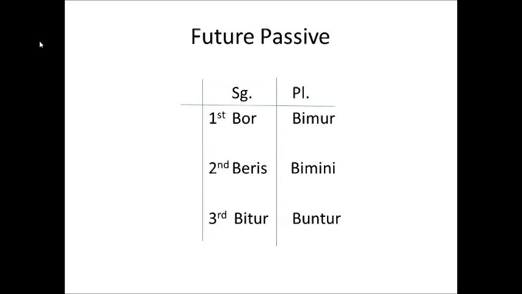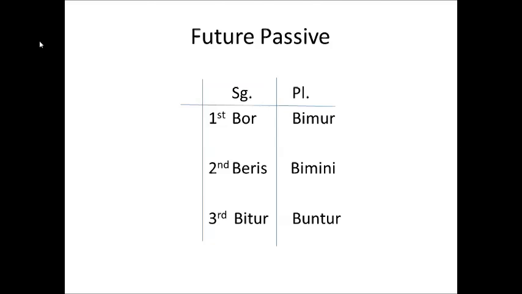So, again, take some time, write these down, get them emblazoned and bold onto your brains, get some rhythm to conjugating the verb: bor, beris, bitur, bimur, bimini, buntur. When you're ready, we'll do amo, amare again, first conjugation, and vereor for the second conjugation.